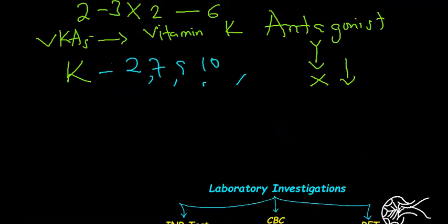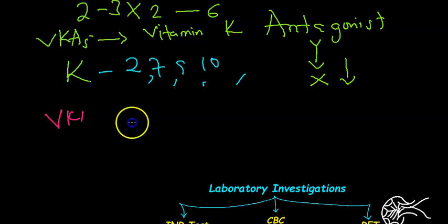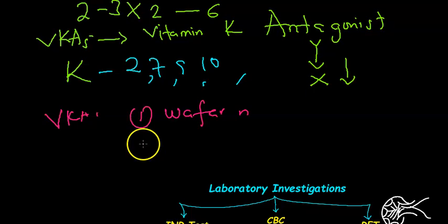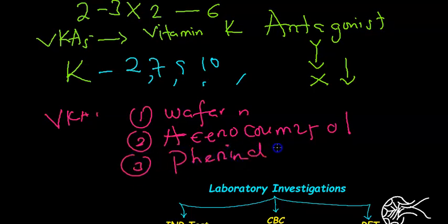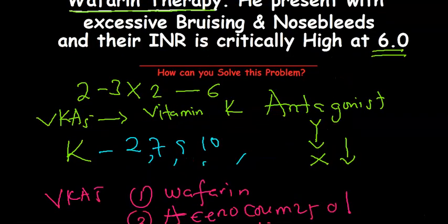Other examples of VKA drugs, which are the vitamin K antagonists, besides warfarin, which is common, are acenocoumarol and other drugs such as phenindione, etc.